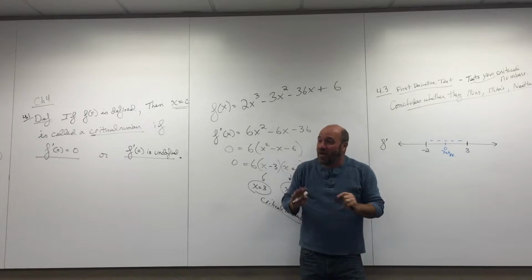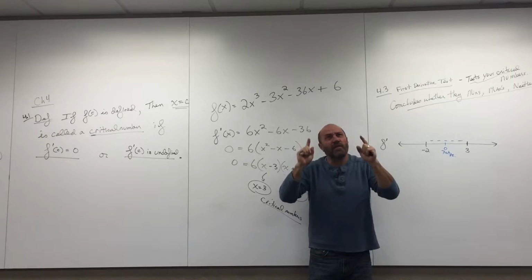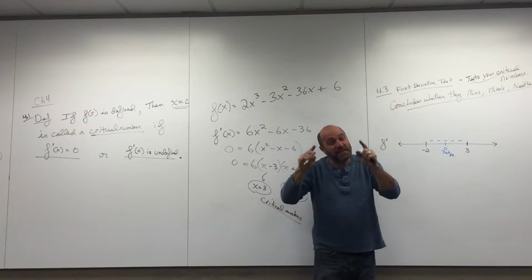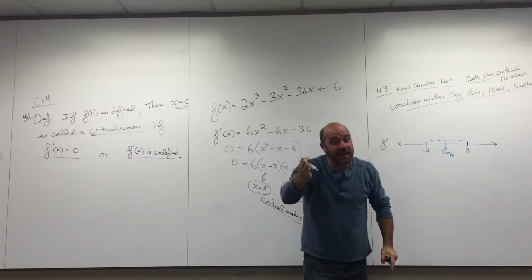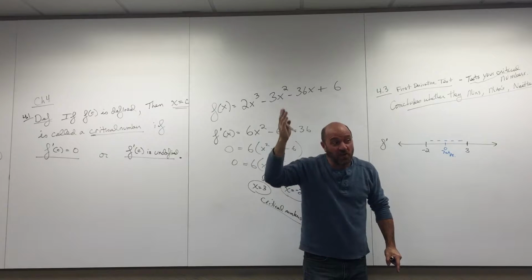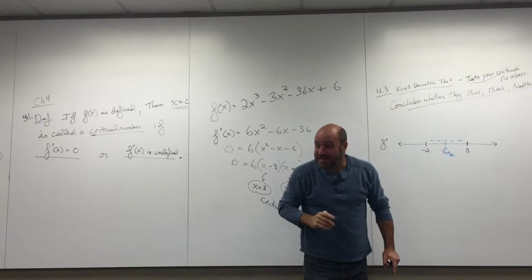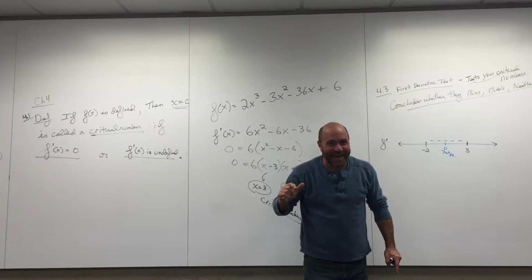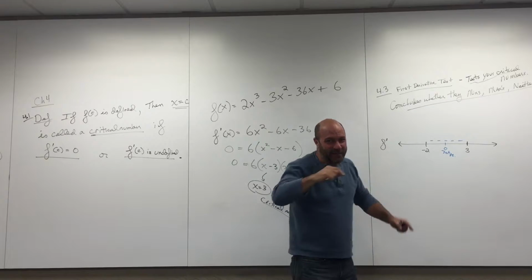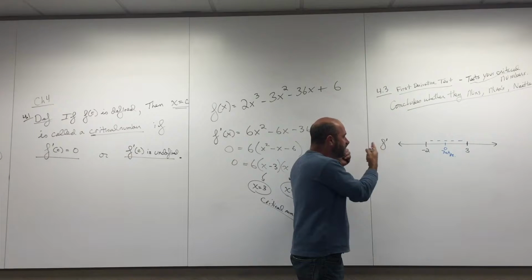Now, 10 minutes ago, I said something important. When your derivative is negative, that means the slope of the tangent line is negative. That means the function is decreasing. This is where it all sinks together in this first derivative test.